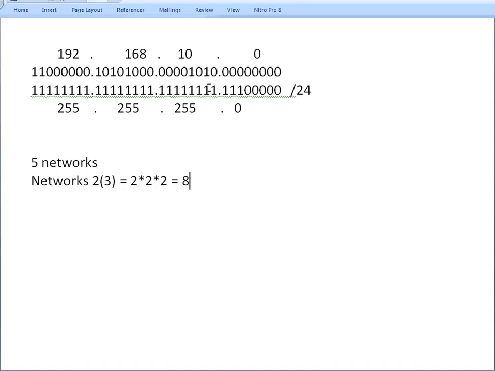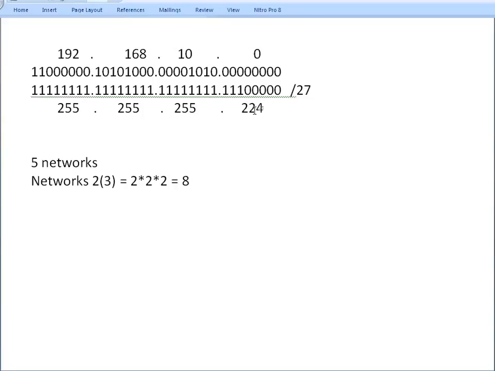Okay. Now how many ones do we have? We have 8, 16, 24, 25, 26, 27. We have 27 ones, so this will change to 27. The subnet mask will be 255.255.255 dot. This won't be 0 anymore. 128 plus 64 is 192, plus 32 is 224.